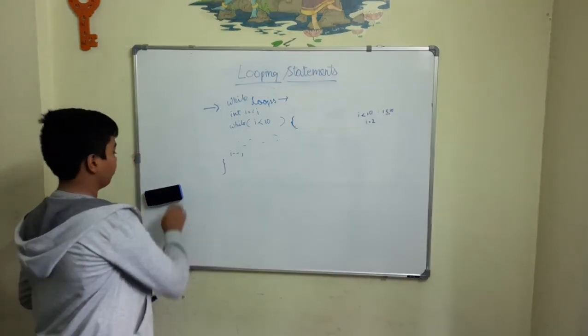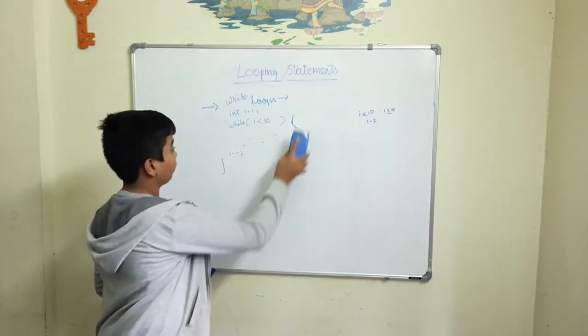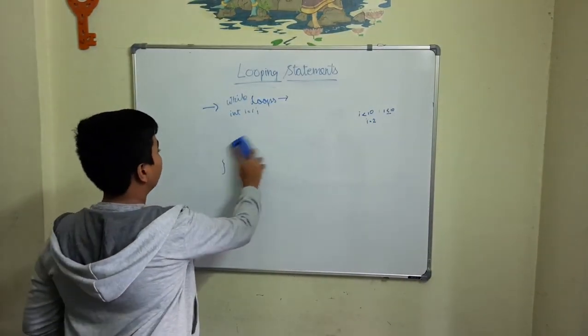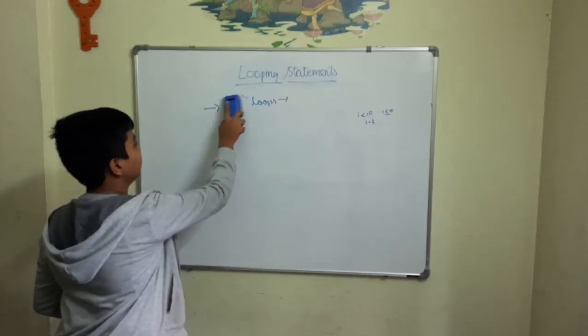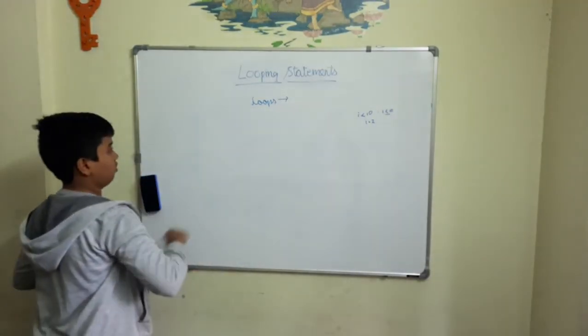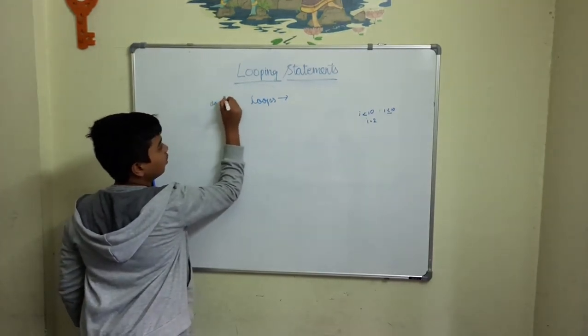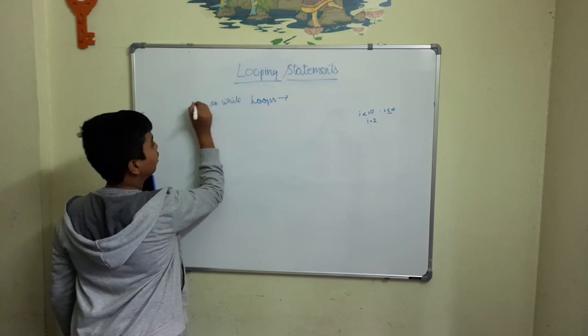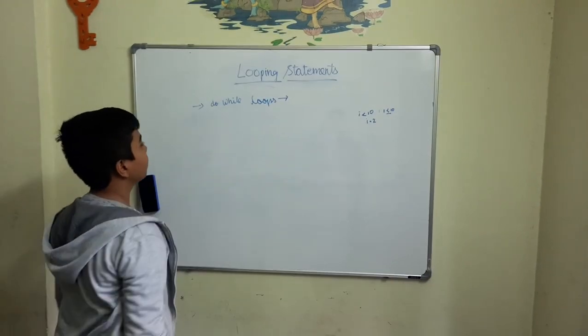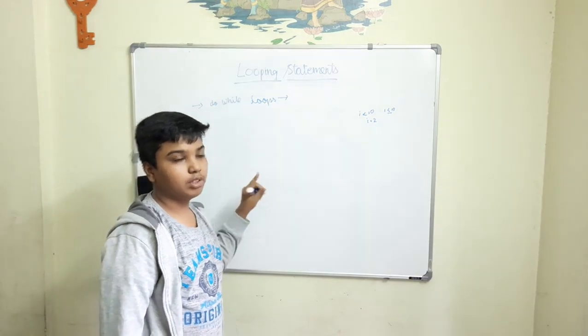Okay. So now the different thing over here is the do while loop. Do while is a bit different from for and while loops. So now do while loop, it consists of two blocks actually.